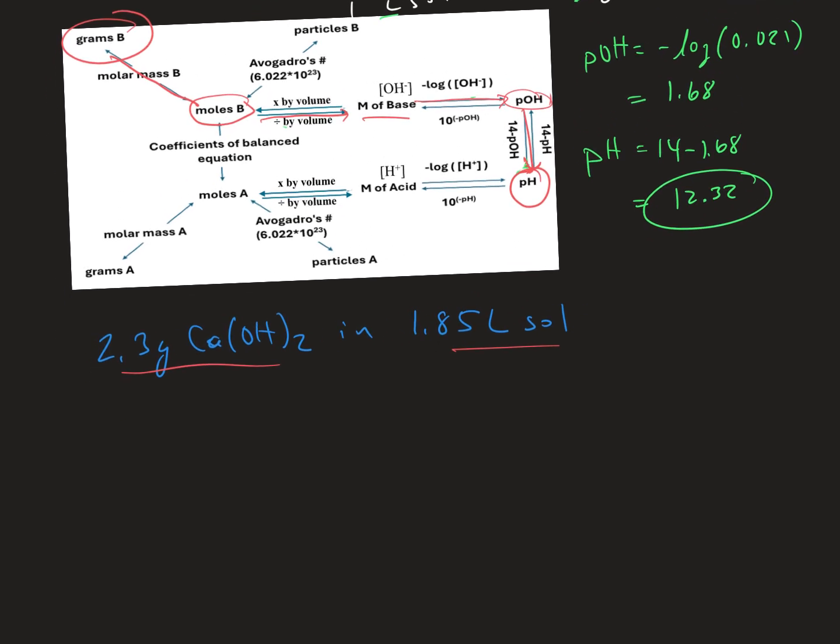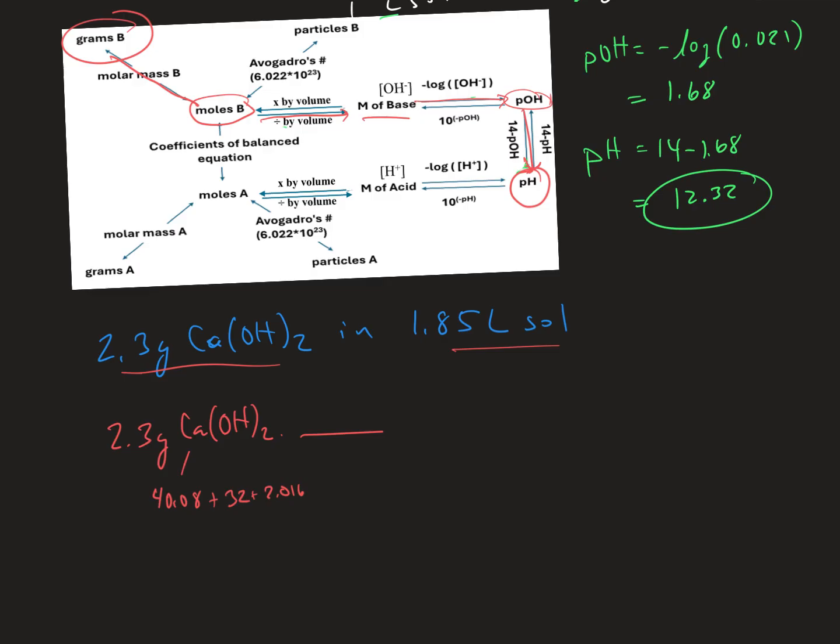So if you want to just do one at a time, 2.3 grams of calcium hydroxide. We're going to convert that into moles. We have to go to moles for going to anything, right? So this is 40.08 plus 2 16s, 2 oxygens, plus 2.016 for the hydrogens.